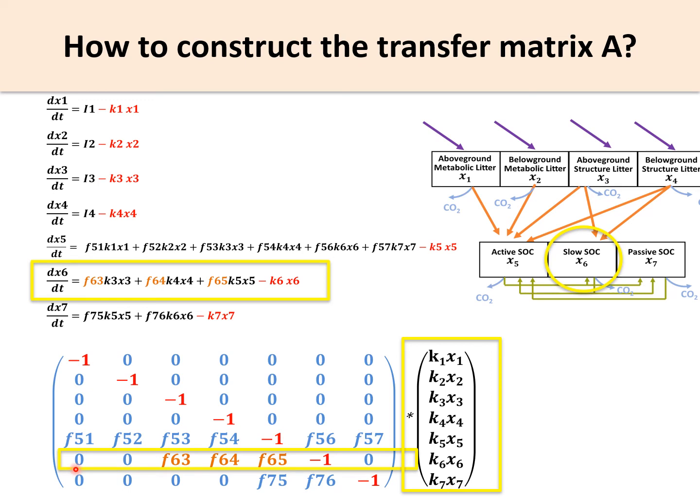That is 0 multiply K1 X1 plus 0 multiply K2 X2 plus F63 multiply K3 X3 plus F64 multiplies K4 X4 plus F65 multiply K5 X5 minus 1 multiply K6 X6 plus 0 multiply K7 X7. That is exactly the carbon balance equation for our 6th carbon pool.